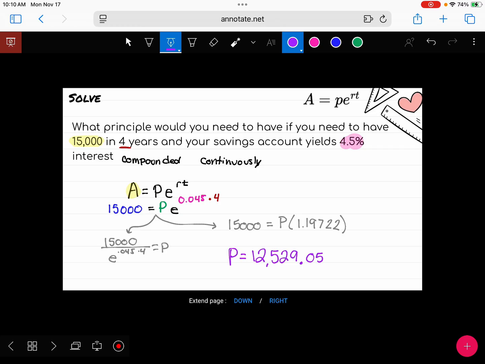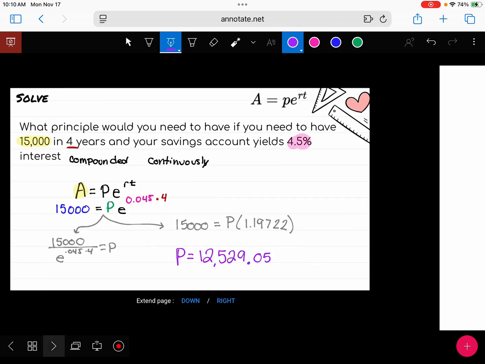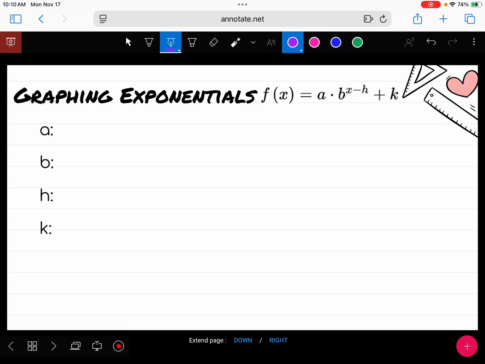Okay. The last part of both section 5.2 and 5.3 is graphing, and it is done the same way, so we're doing them kind of together. So we're going to be working with graphing exponentials, and our transformation form is going to look kind of like this. A times b to the x minus h plus k.